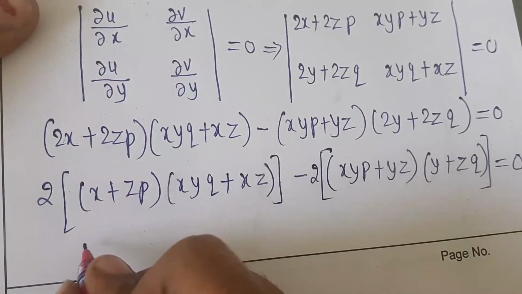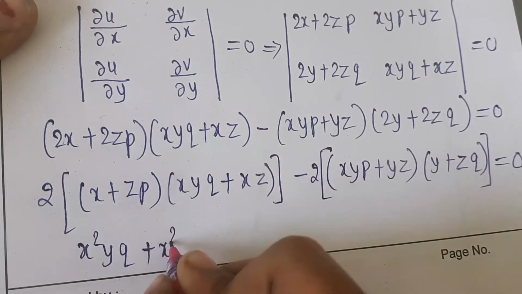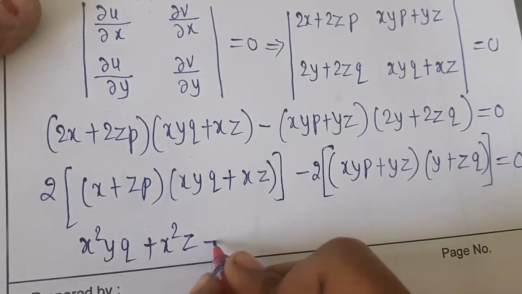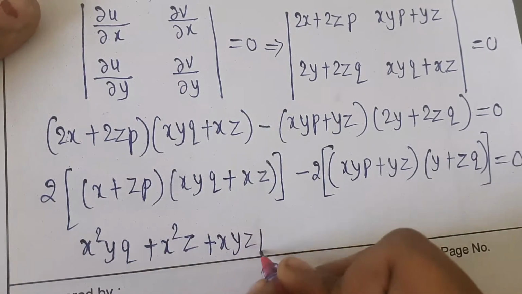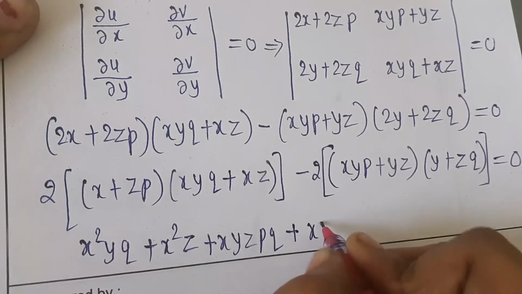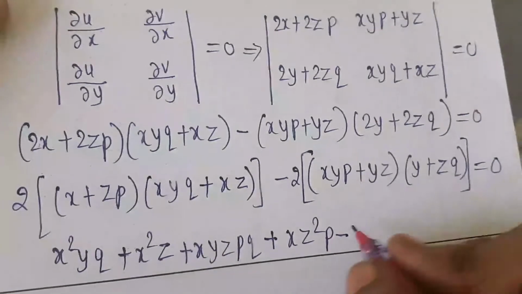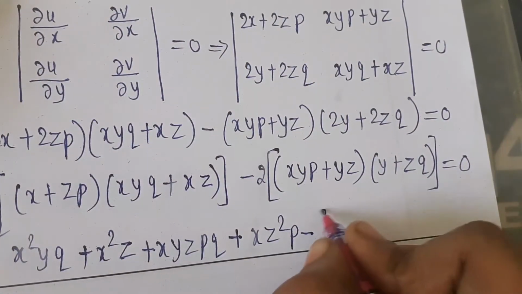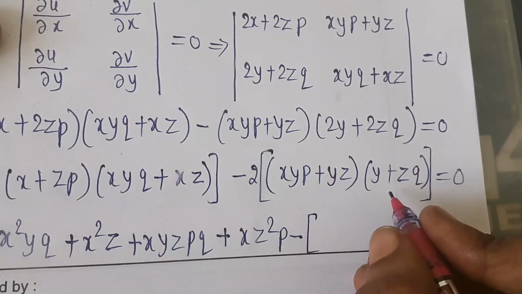x multiplied by xyq is x square yq plus x square z. zp multiplied by xyq is xyzpq, plus xz square p, minus, the 2 gets cancelled, xyp plus yz multiplied by y plus zq.